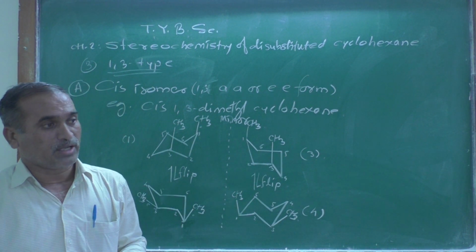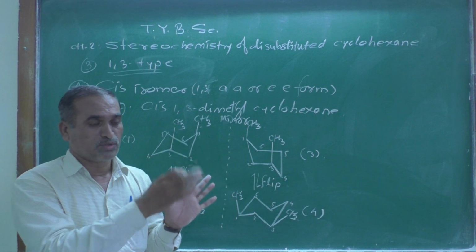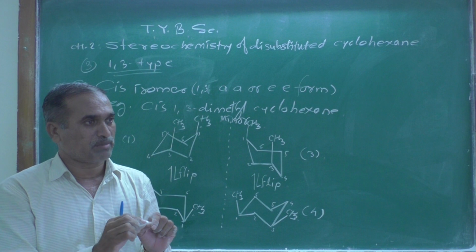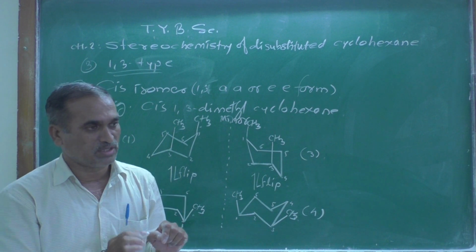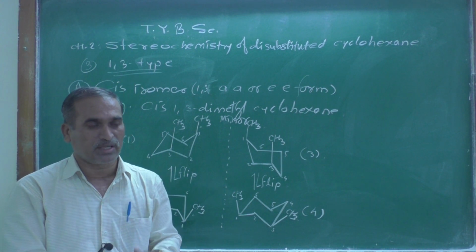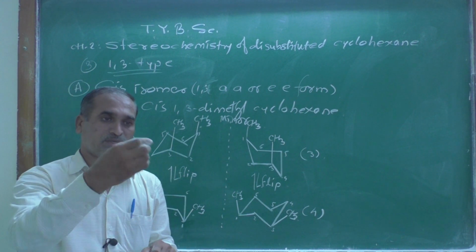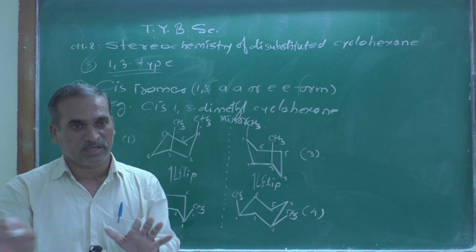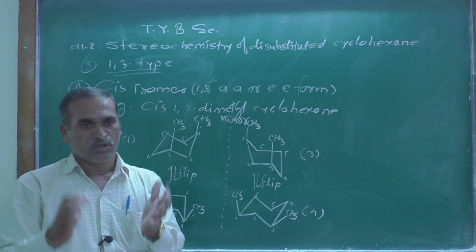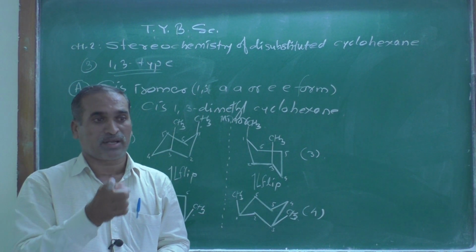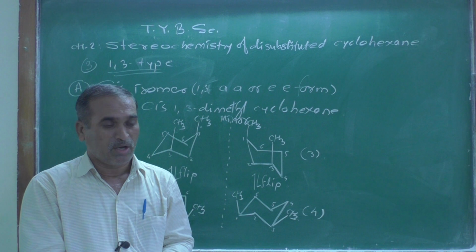If the student has drawn the 3 correct chair conformation structures of cis, give 3 marks. If the optical activity is mentioned correctly, give 1 mark. And for stability, if correctly determined, 1 mark.